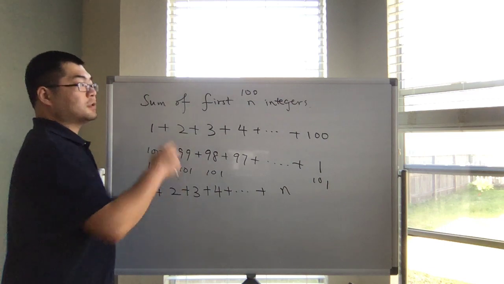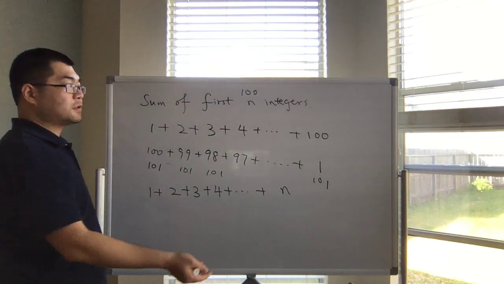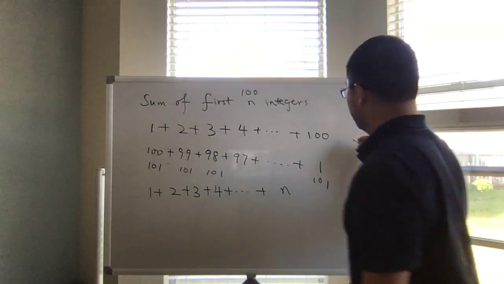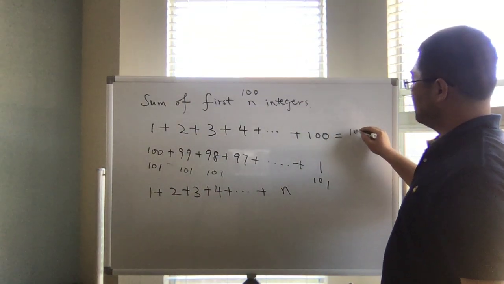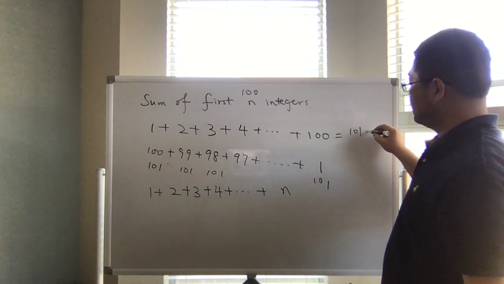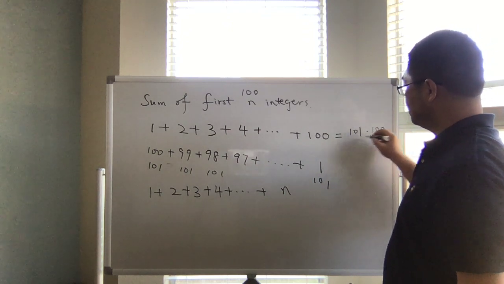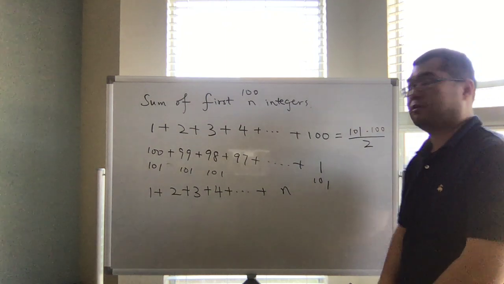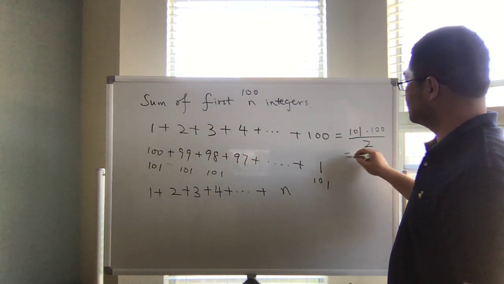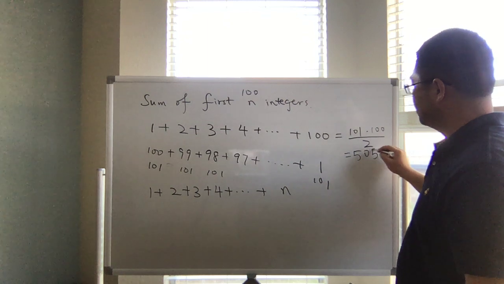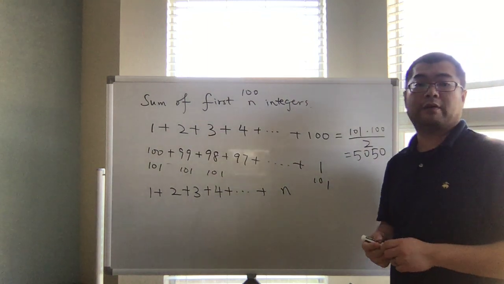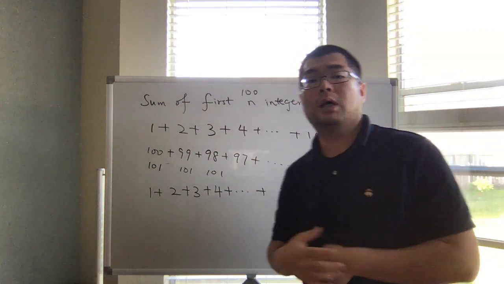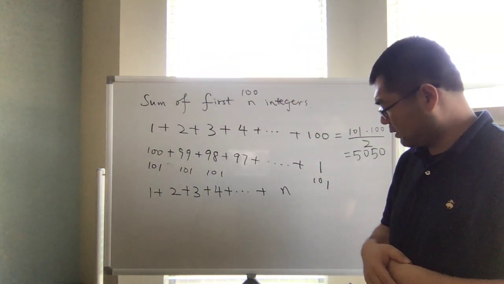So the sum of the first 100 integers starting from 1 is gonna be 101 times 100 over 2. Agree? And you can easily compute this, it gives you 5050. So this is one way to think about this.